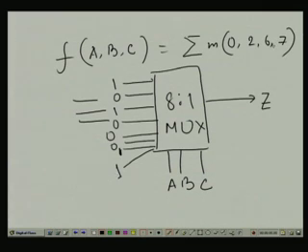See, only the decimal equivalent of the min terms is mapped to the decimal equivalent of the primary inputs, and whichever min term exists in the function, I have to keep that particular input as 1, because only for that will that particular input be passed to the output as 1.